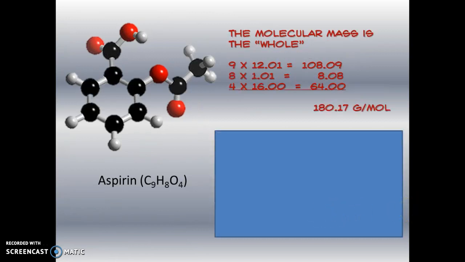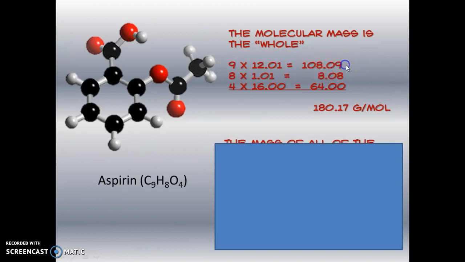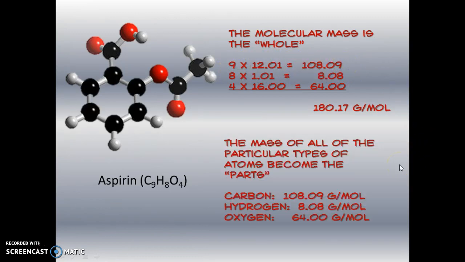If I want to know the part, say I want to know the percentage of carbon in this compound, then I'm going to take the entirety of the carbon, which is 9 atoms times 12.01, or the 108.09, and divide that by the entire molecular mass. So we know that the carbon makes up 108.09 grams, the hydrogen is 8.08 grams, and the oxygen is 64 grams. These become the part in our formula, part divided by whole.